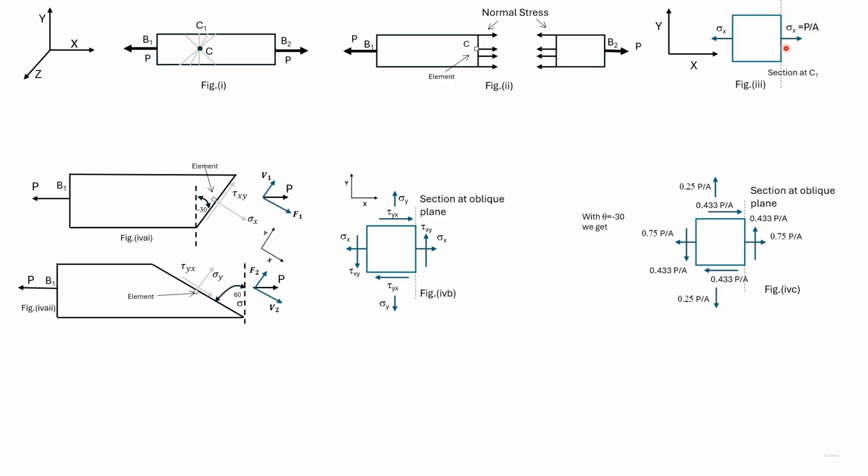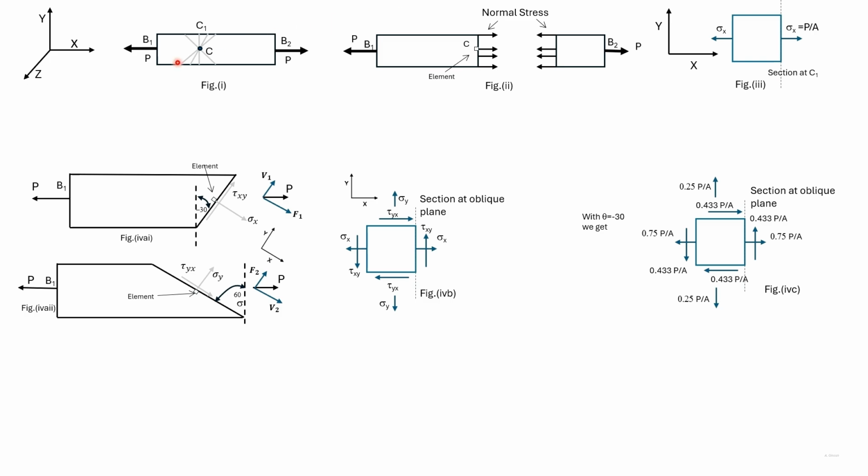A sigma x of P divided by A acts on the face where it is aligned with the cross-section C1. And for equilibrium, there will be another stress sigma x acting on the opposite face. There are no other stresses acting on the element.